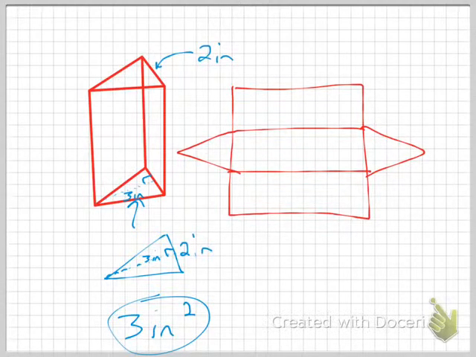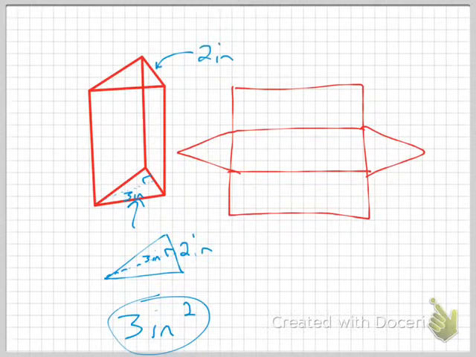What do you need to know about the rest of the object in order for you to tell me the rest of the surface area? What do you need to know? What are the other objects left in this object? What are the sides? Rectangles, right? So do I need the base and the height, or the length and the width of each one of those?